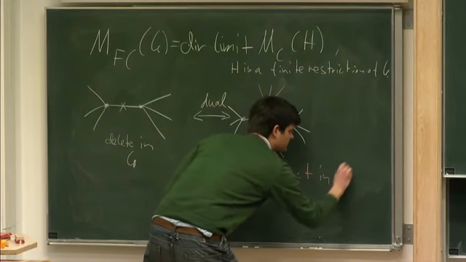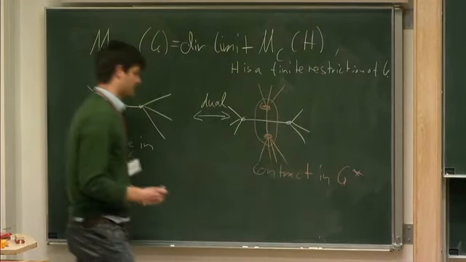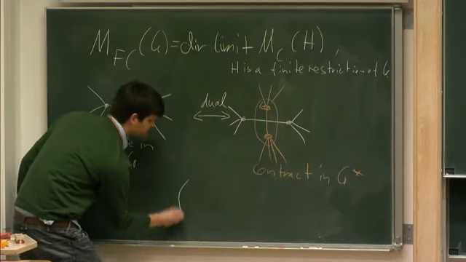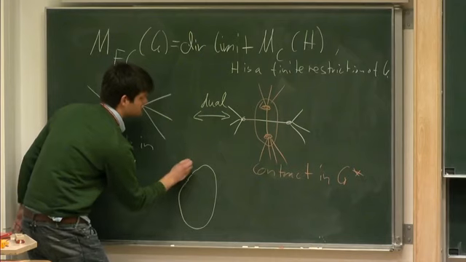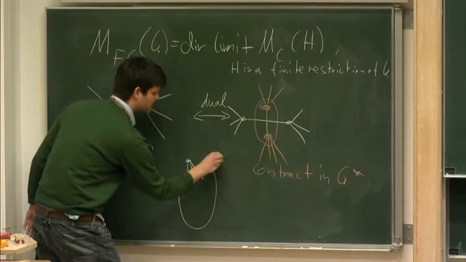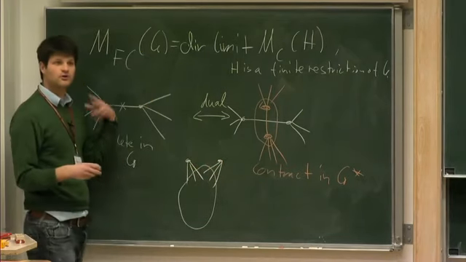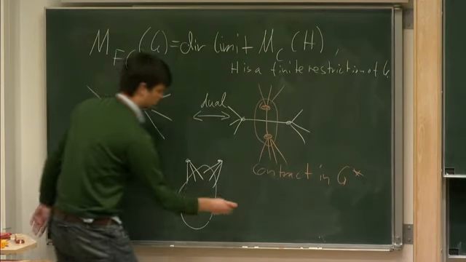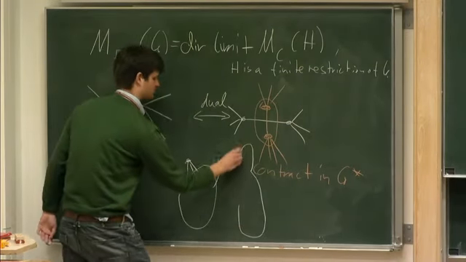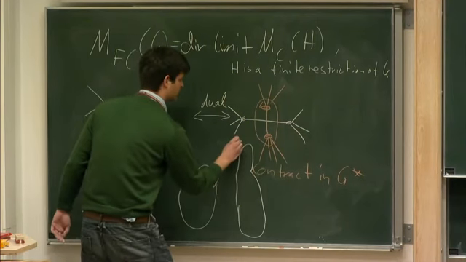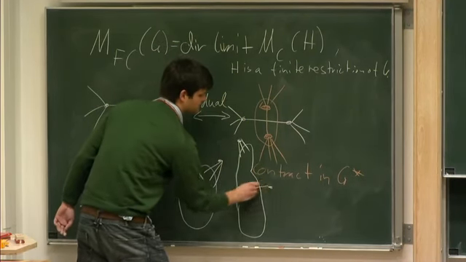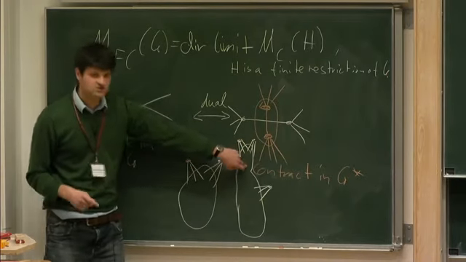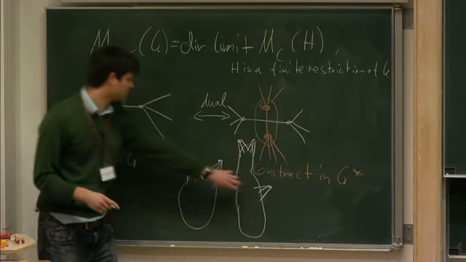Right. But now if we take some finite contraction of the graph, so you contract all but finitely many of the edges, and then take a bigger finite contraction of the graph, you actually get a projection map from the bigger finite contraction to the smaller one.